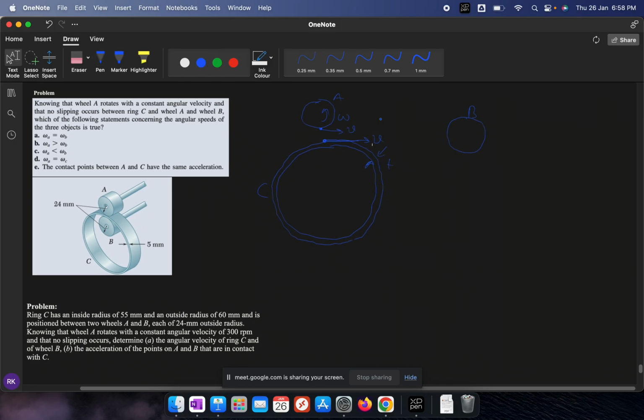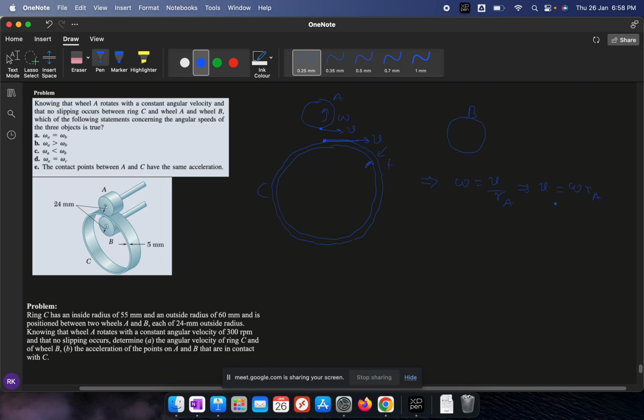Now if omega is constant, what can we write? Omega equal to v by r, or v equal to omega r.